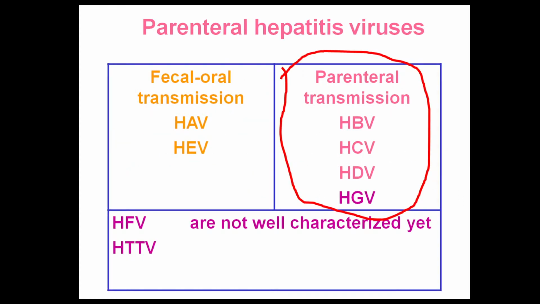As I said, fecal-oral transmission is typical for HAV and HEV, while the hepatitis viruses that we discuss today are transmitted by other routes, and they are called parenteral hepatitis viruses because of the parenteral transmission.